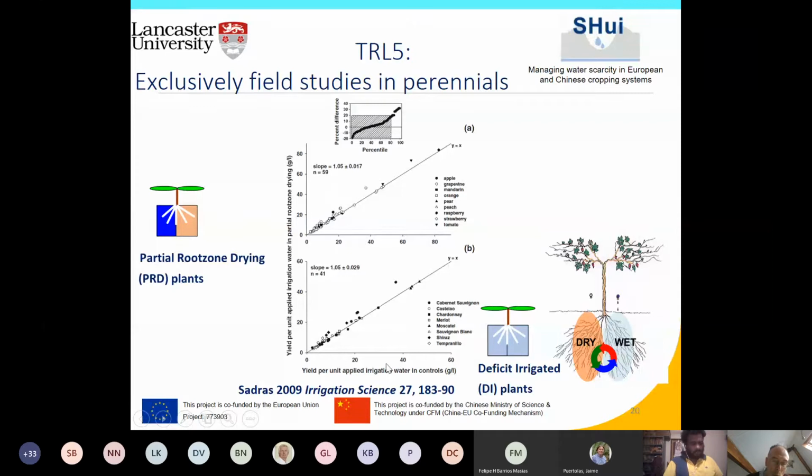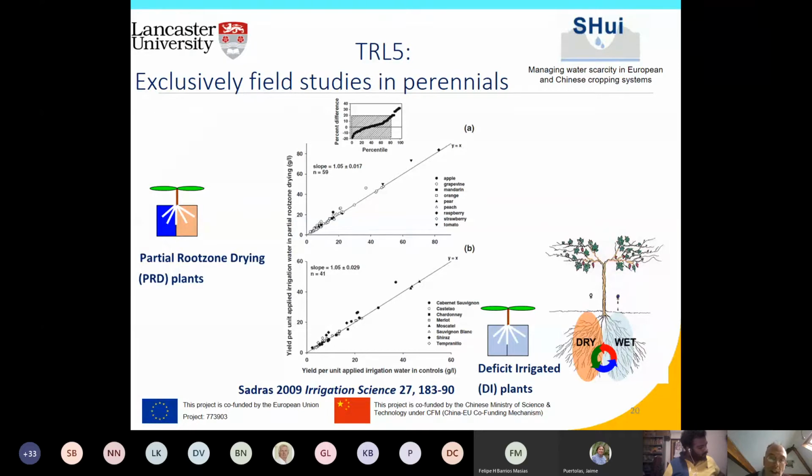Here we have the yield of the deficit irrigated plants and the yield of the plants exposed to partial root zone drying. And you can see that there's a linear relationship between the two, as you might expect. And in some cases, the partial root zone drying plants appear above the line, indicating that they have enhanced yield compared to those that were exposed to deficit irrigation.